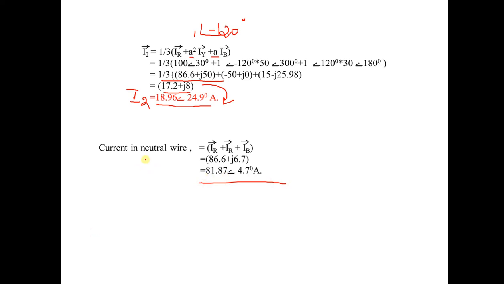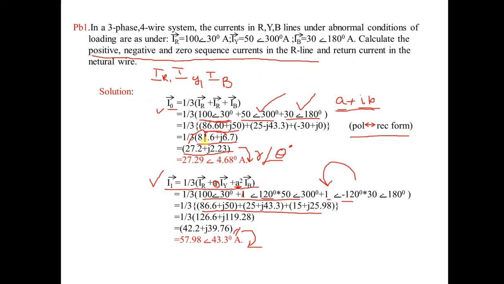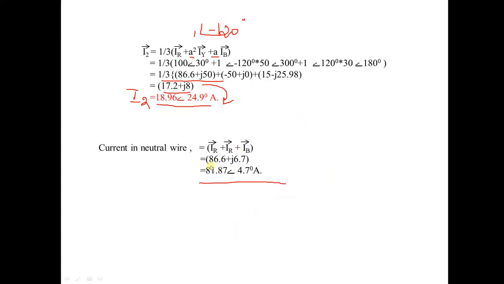This is only for the neutral wire, so there is no need to put 1/3 of the values. For IR, IY and IB altogether, no need for a square or a, we just add all the values, substituting 86.6 plus j6.7. This is the final value for the return current in the neutral wire.